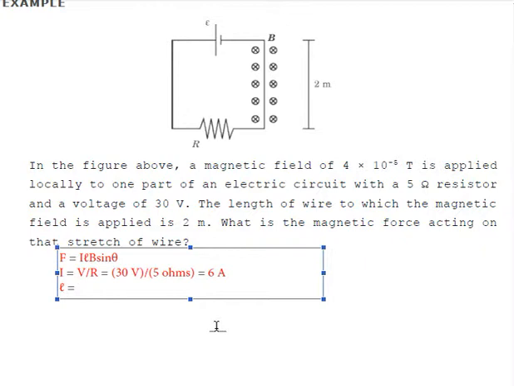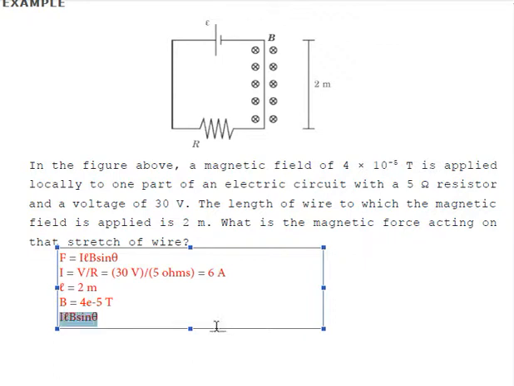So length is pretty easy. That one's given. It's 2 meters. B is also given to us, 4 times 10 to the minus 5 teslas. And then theta.